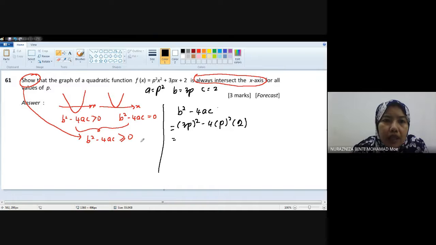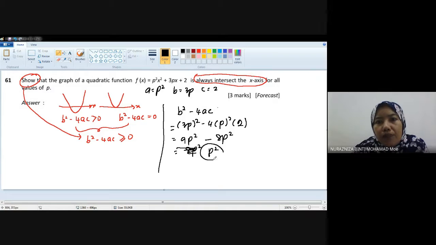We should get b squared minus 4ac is greater or equal to 0. Right. So this is 3p squared, you get 9p squared minus 8p squared. Sorry, you have 9p squared minus 8, you have p squared.